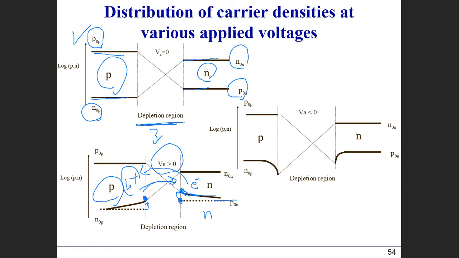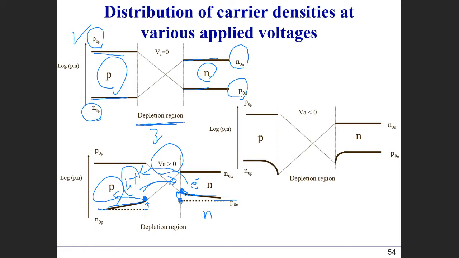If you go deeper inside the p, this concentration decreases, and eventually leads to the thermal equilibrium value. So that happens in the forward bias.